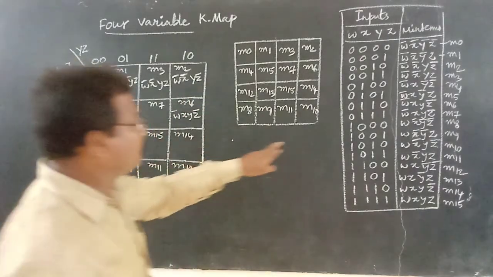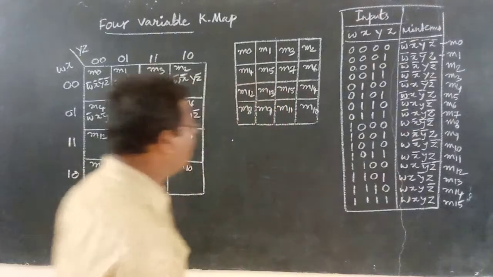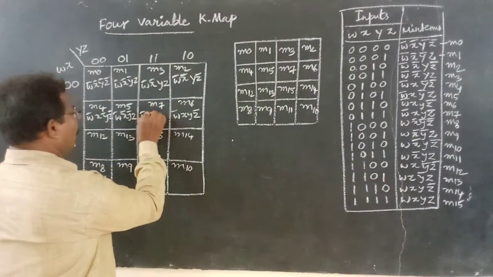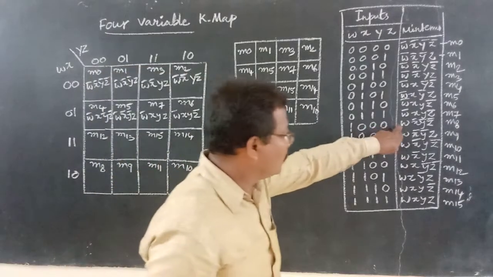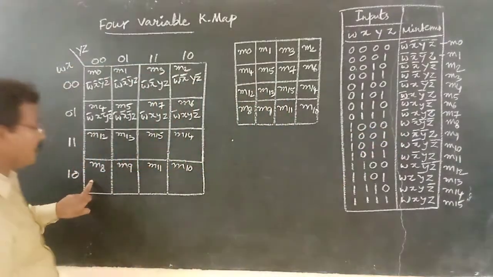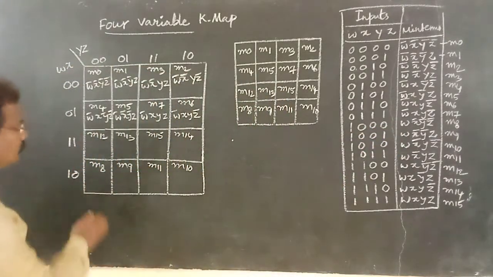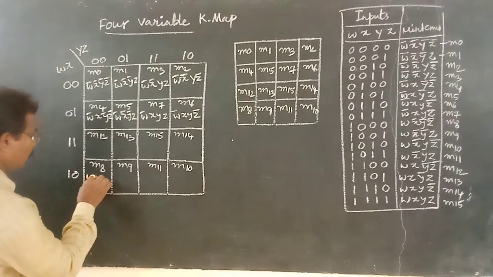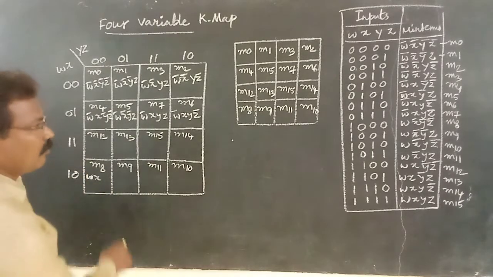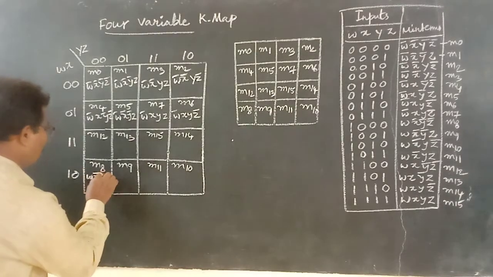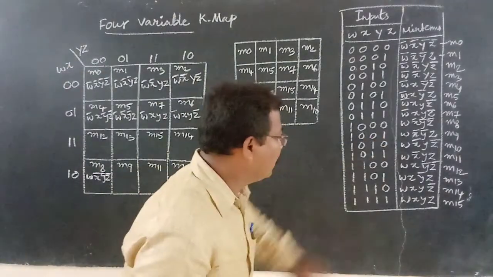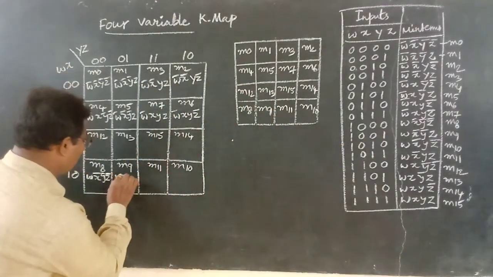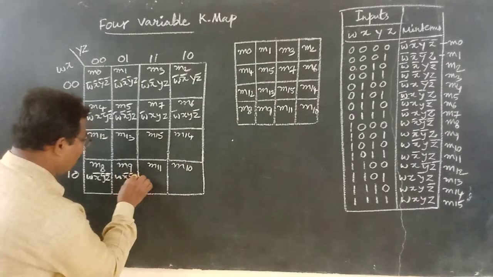Next, the seventh minterm M7, W bar, X, Y, Z. The eighth minterm is specified here, W, X bar, Y bar, Z bar. Ninth minterm M9, W, X bar, Y bar, Z.